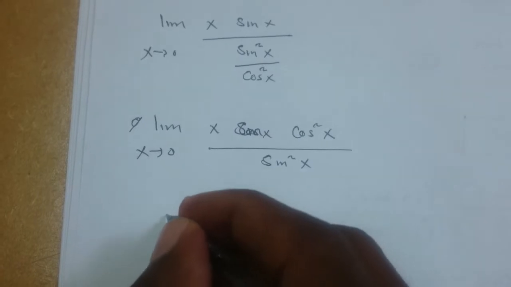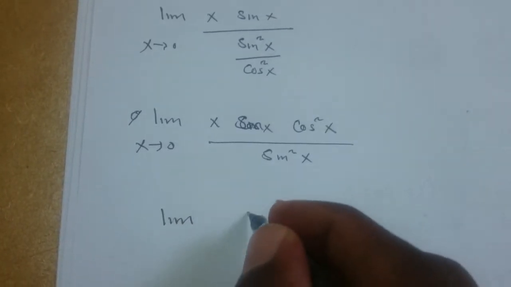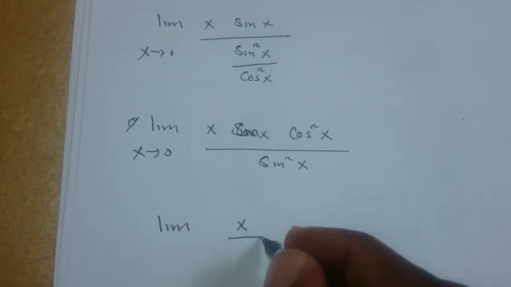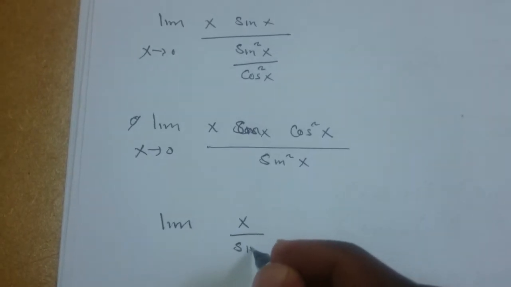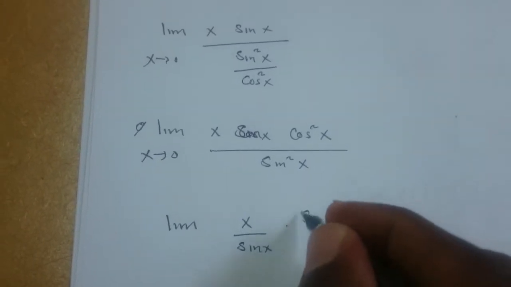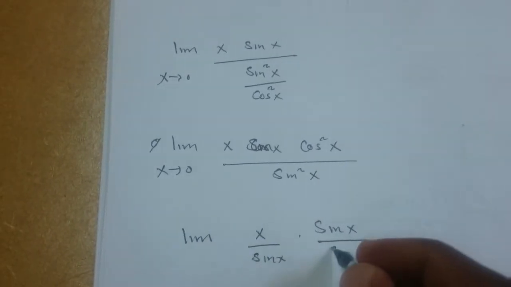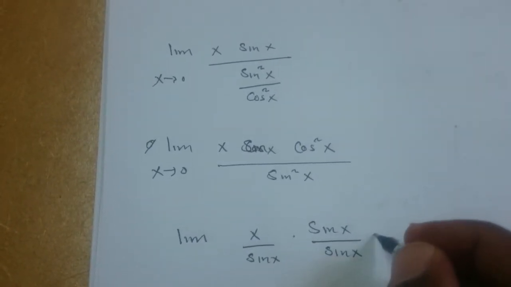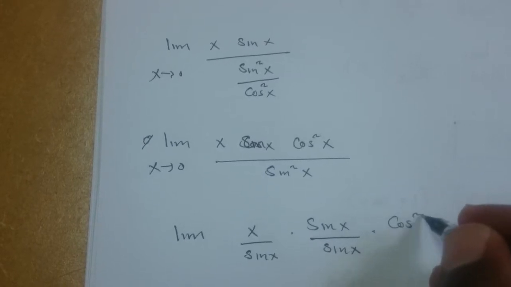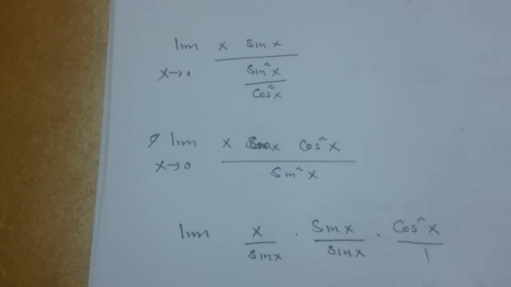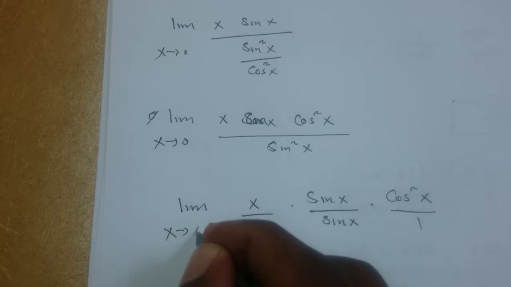This can also be written as the limit of x over sine x, times sine x over sine x, times cos squared x over 1, as x is approaching 0.